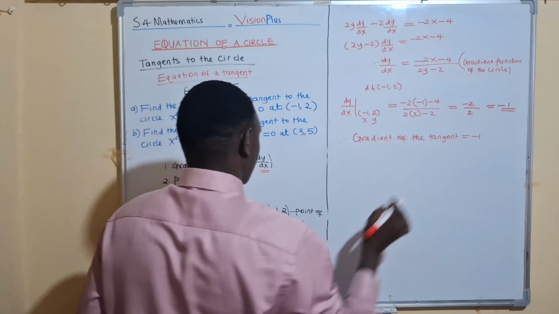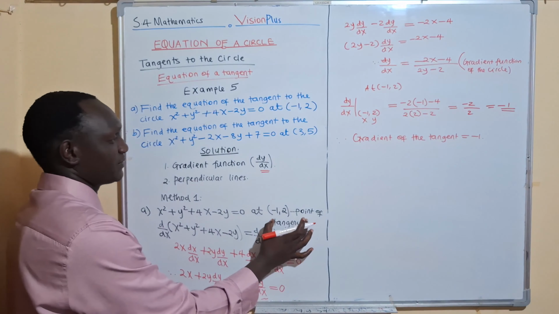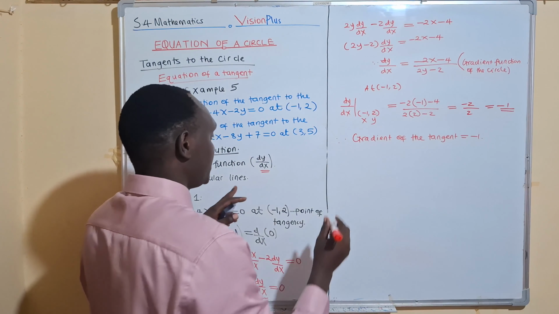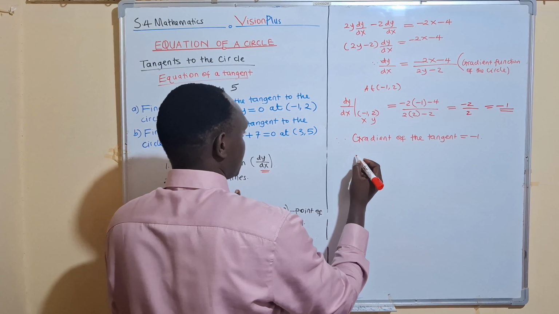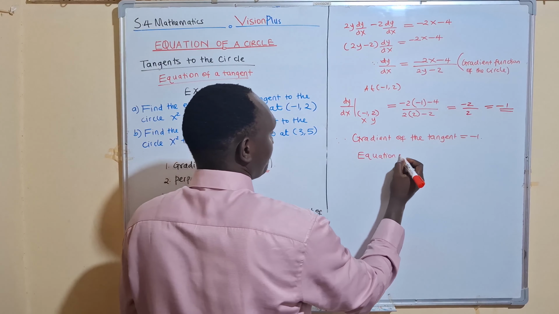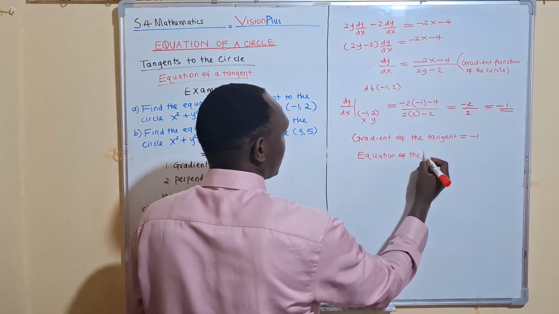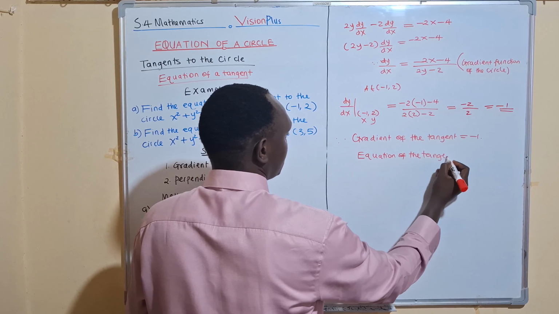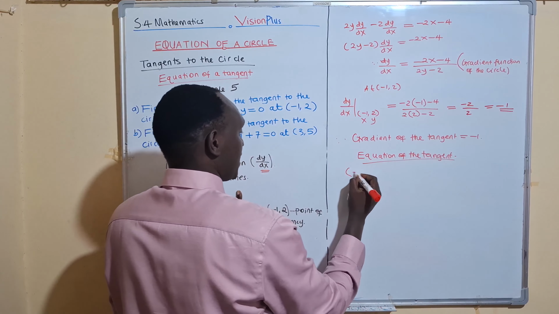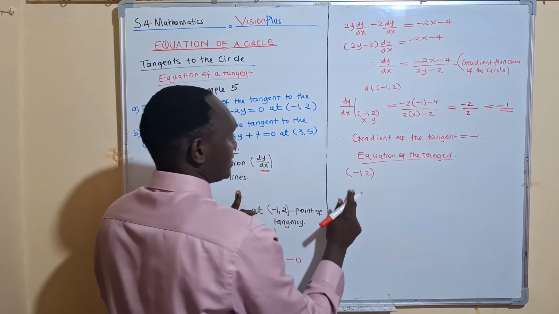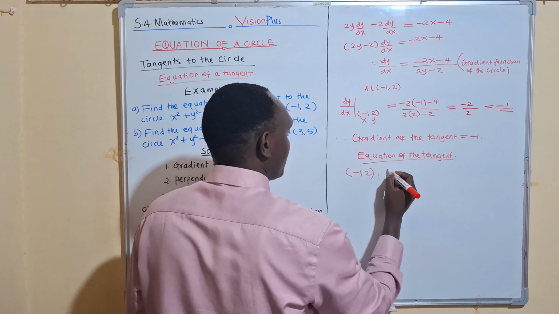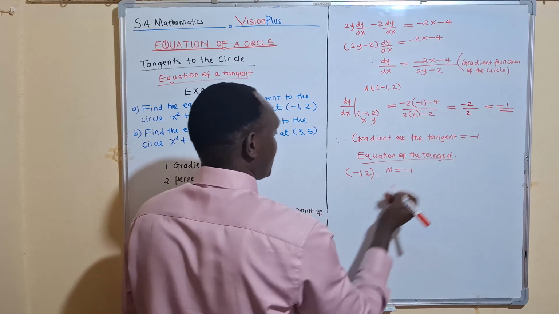Knowing the gradient of the tangent and the point of tangency, which is also the point on the tangent, we can find the equation of the tangent. So to find the equation of the tangent, we have the requirements we need. What are the requirements? One is the point of tangency, (-1, 2). And two, we have the gradient of the tangent as -1.